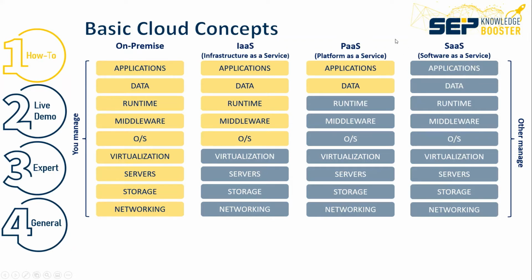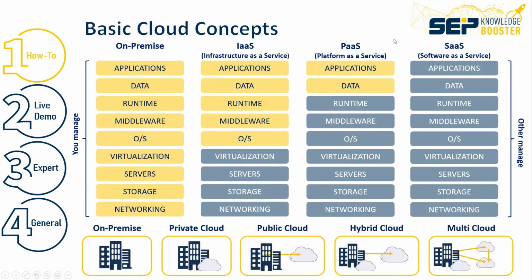But there is another dimension of cloud, and this is if you start from on-premise, that you set up some sort of private cloud in your enterprise, because some departments act like a cloud provider in the enterprise.